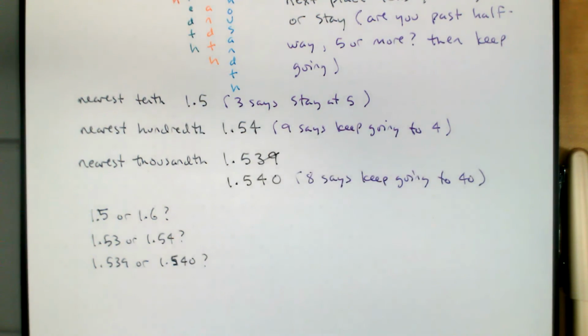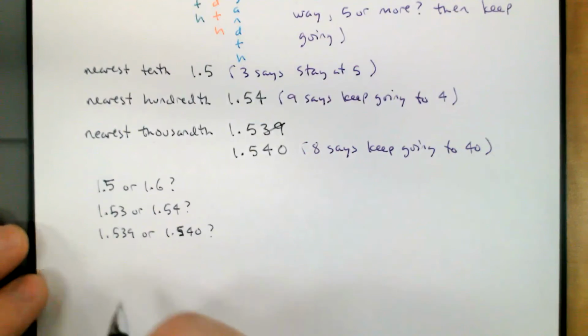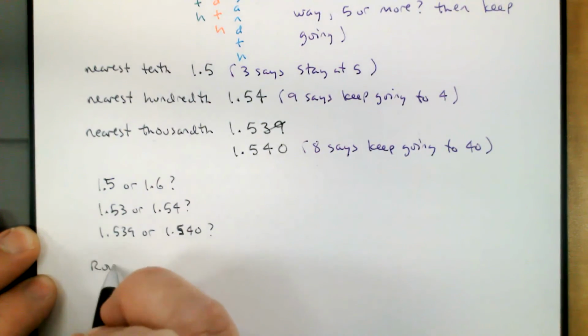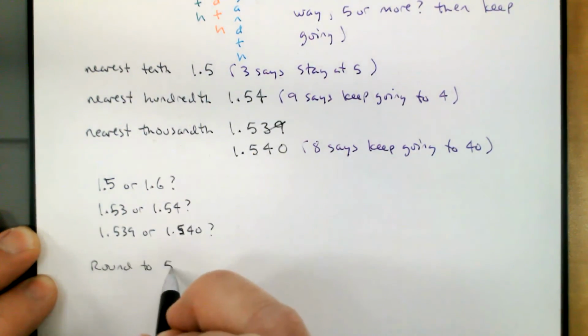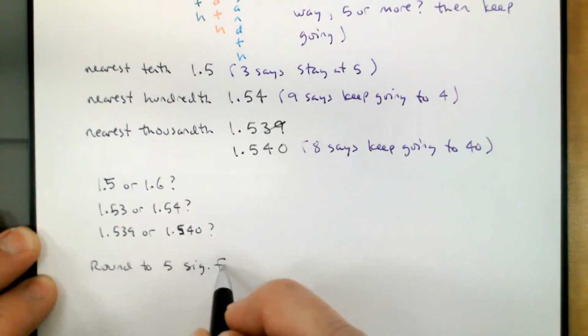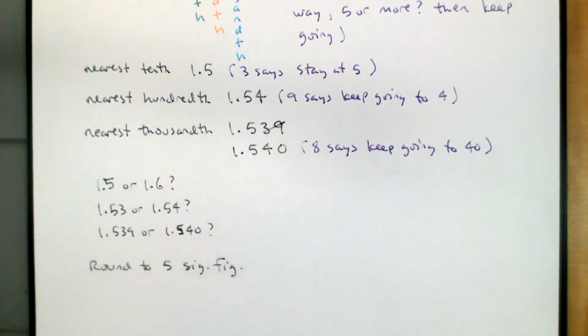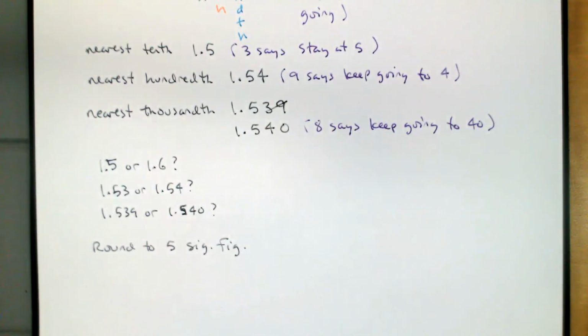With significant figures, you start with the leftmost, the first non-zero digit on the left, and you write that many figures. So if I say round to 5 significant figures, which we will abbreviate sig fig, then you start with the first non-zero digit on the left and write 5 digits.